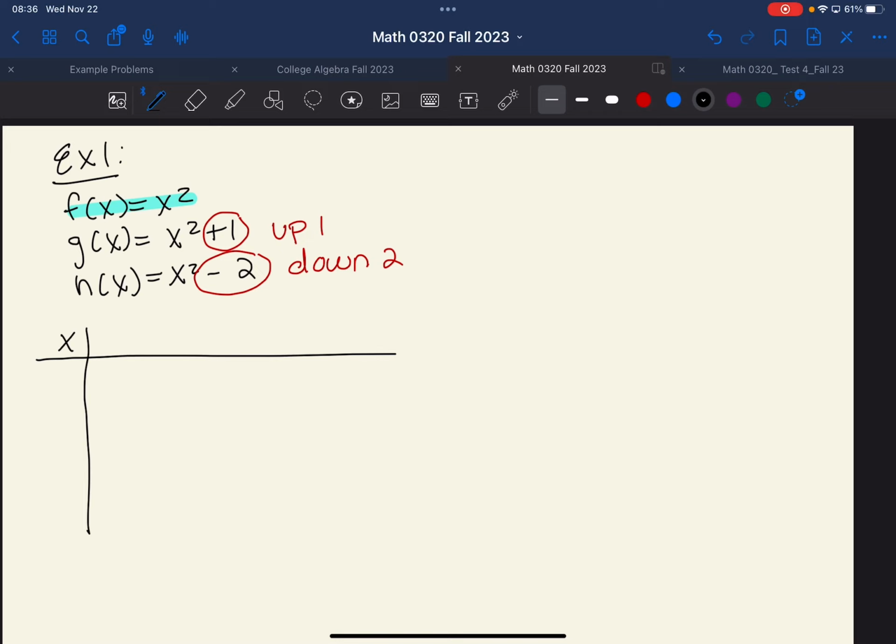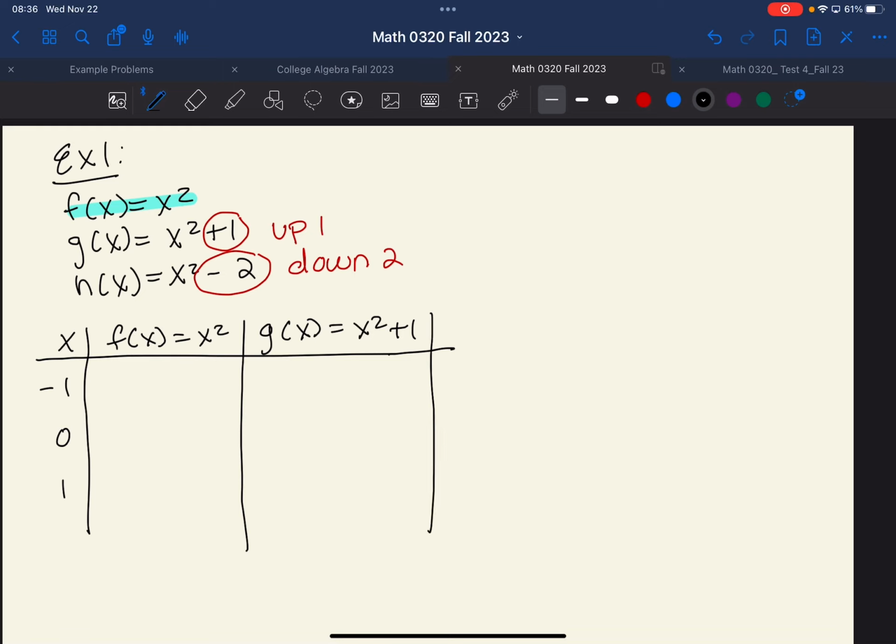So I'll do -1, 0, 1. And then I'm going to be plugging in for my first equation, f of x equals x squared. Then my next equation, g of x is equal to x squared plus 1. And then h of x is equal to x squared minus 2. Okay, so I'm going to be plugging in -1, then plugging in 0, then plugging in 1 for each of these equations.